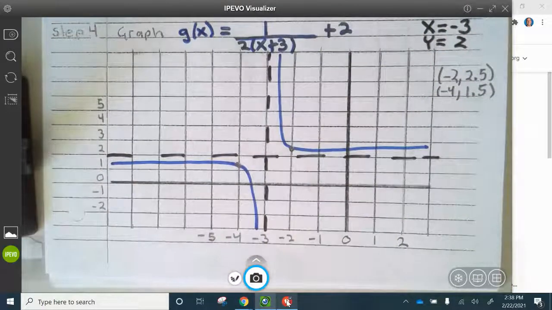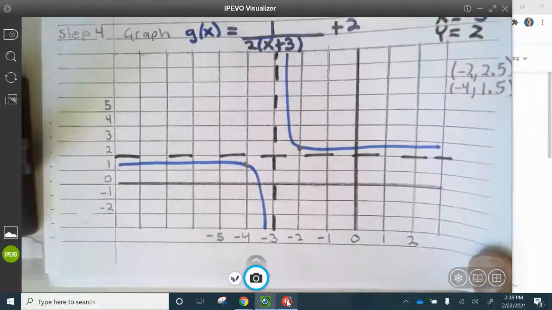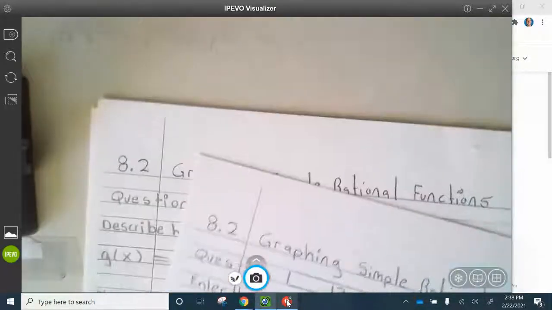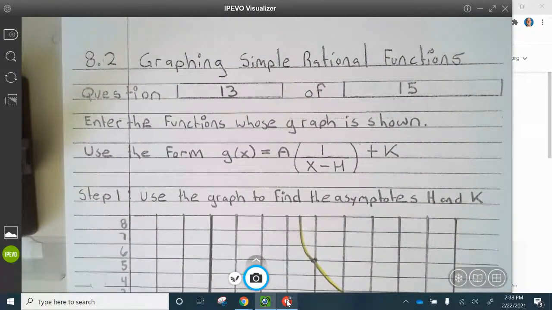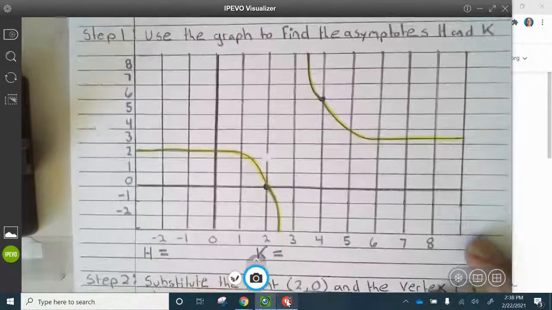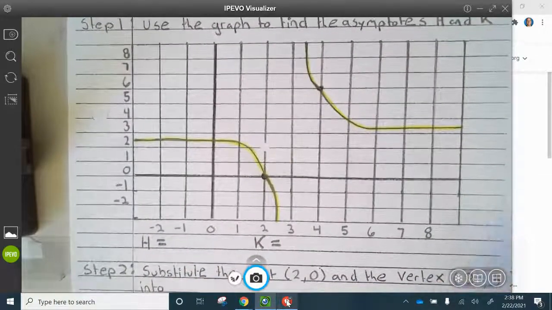Okay, so our h value asymptote is right here. So h equals 3. Okay, and then our k value is right here, which is 3. Okay.